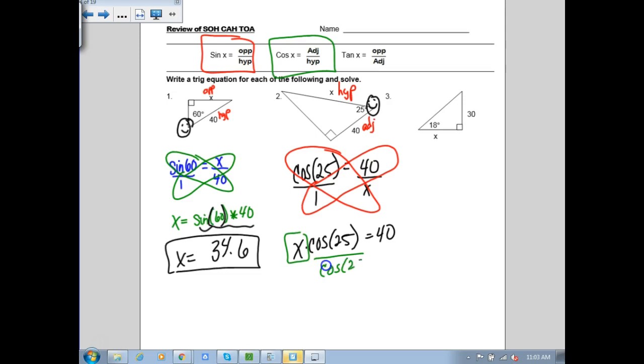You have to be careful on the dividing ones because you have to divide in a particular order. So when you did 4,000 of these in geometry, your teacher probably gave you a shortcut for what to type in every time, and that's fine. My brain is just done with shortcuts lately, so I'm just doing what I know. 40 divided by cosine of 25, to the tenth place, please. Thank you.